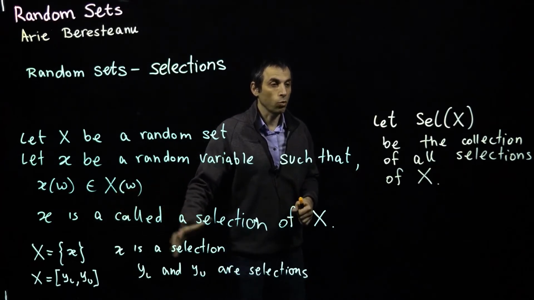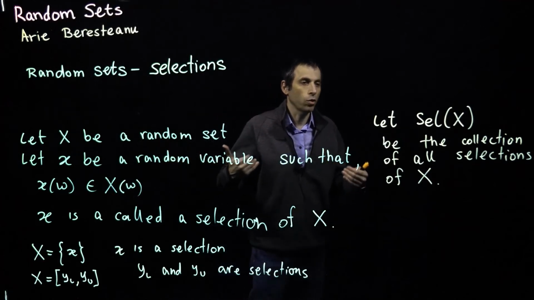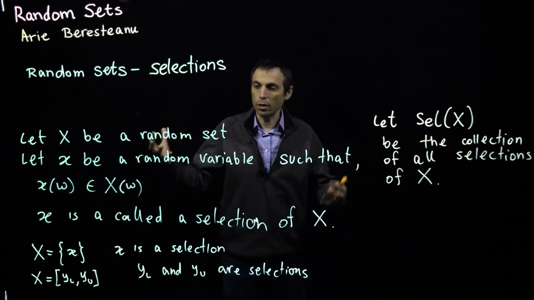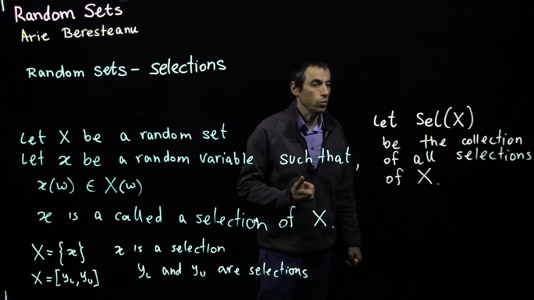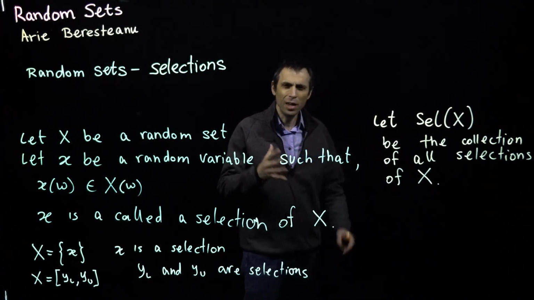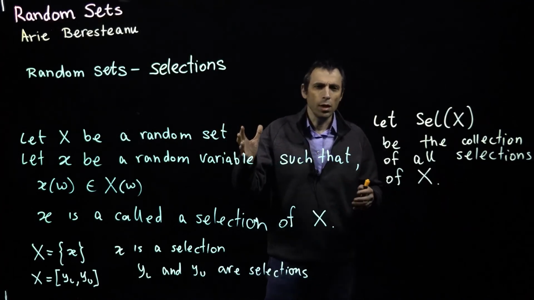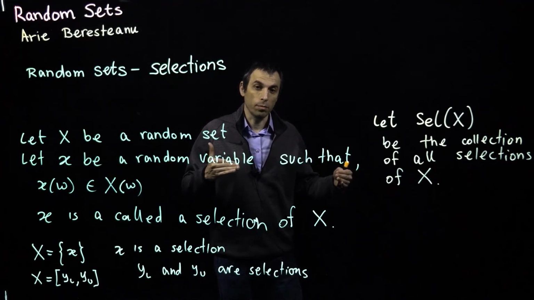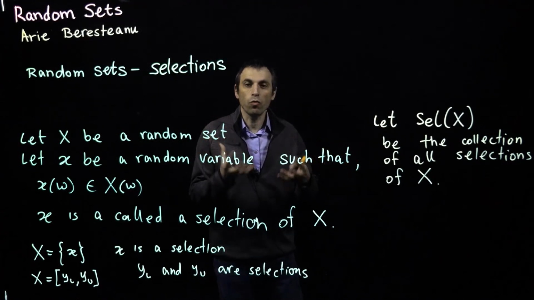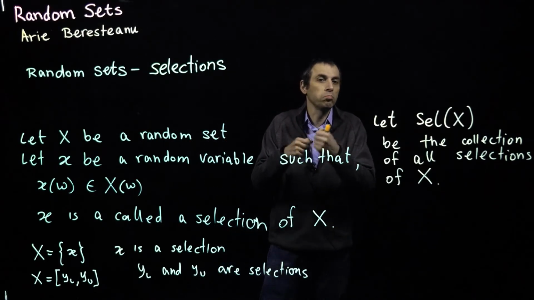Again, not just for these two examples or other examples constructed from the beginning from regular random variables, but for any random set that satisfies the definition of random set that we saw two videos before. So conceptually you can think about random sets as a collection of random variables. It's a collection of a lot of random variables that are collected together into the thing that we call a random set.